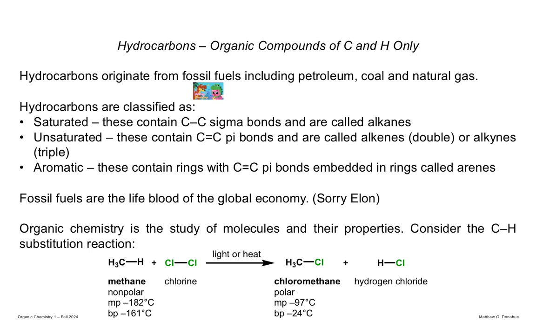As I said, hydrocarbons are C and H only. As we learn more functional groups, I'm going to use this term heteroatom. And that's anything that's not C or H. So nitrogen, phosphorus, oxygen, sulfur, halogens.